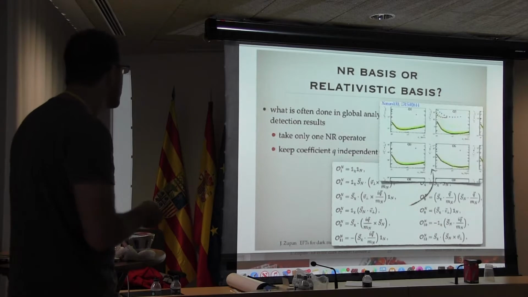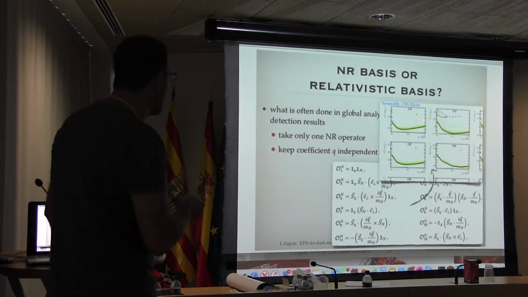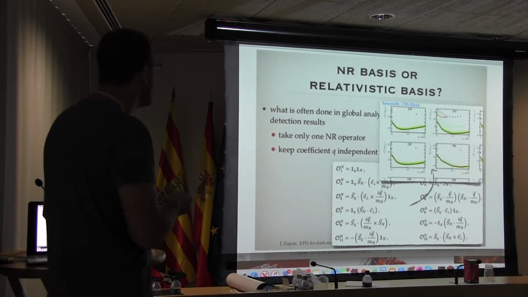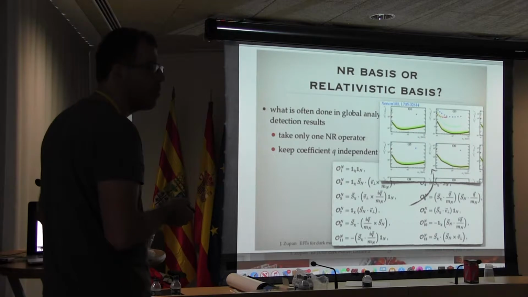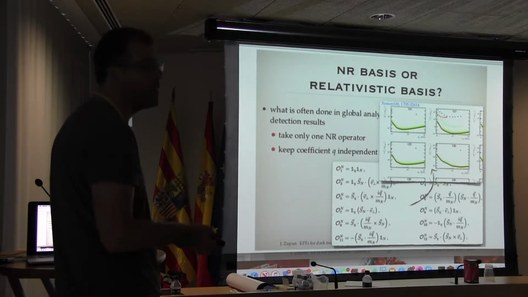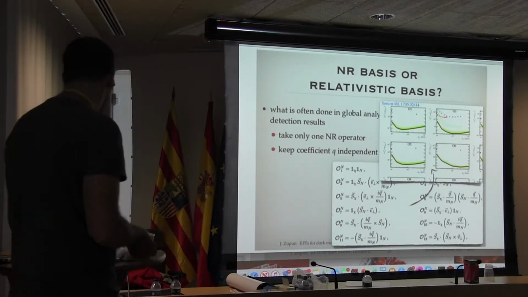For instance, I just took a random paper, not to blame them too much, from Z0 to 100. So you take one operator and you put a bound on the coefficient in front. In this case it will be perfectly valid, but maybe for all three that's not a good assumption. And we want to understand why this is not good. So I'll show you why.